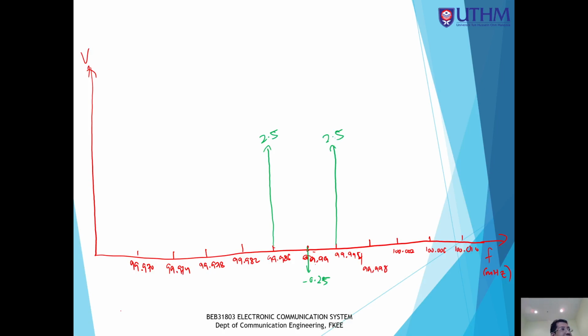The second sideband is 2.25, so I estimate the height would be somewhere here, 2.25 volt. And then the third sideband is 1.1 volt, somewhere here.